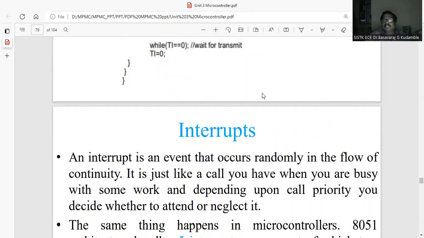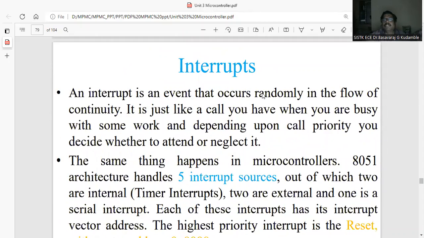Next, let us try to understand what is the interrupt. Interrupt is nothing but executing more than one task at a time, to make parallel functioning instead of waiting. For example, one device is going to get the data from some satellite. So the time is not fixed.